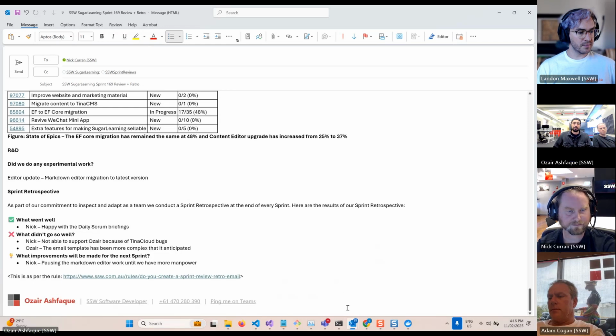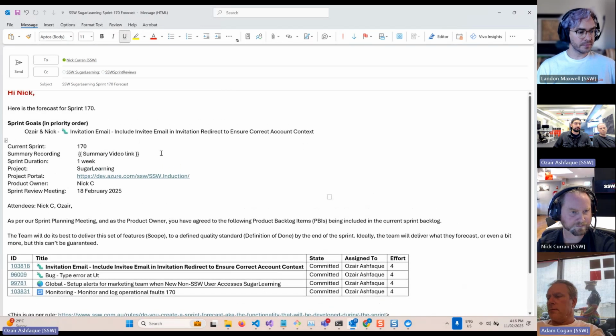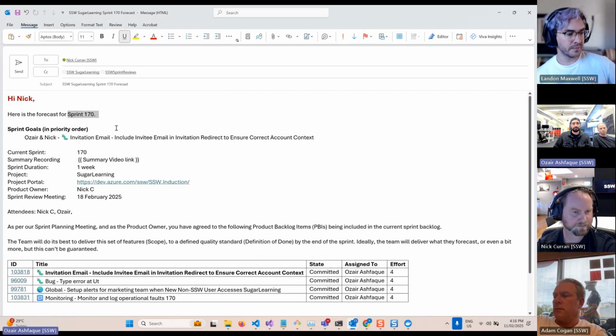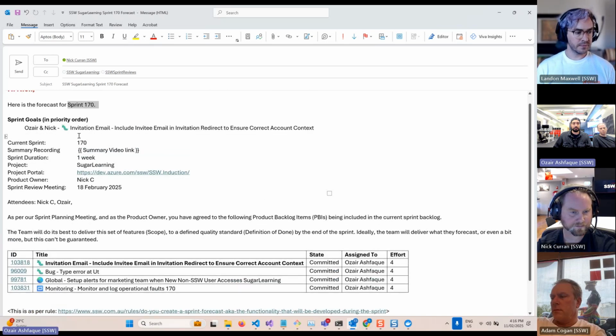Right. Moving towards the sprint forecast for 170. The sprint goal is for the invitation email, where the invitation email does not send any user information like email when the user clicks on it. So we added it to the sprint, and we're going to work on it.